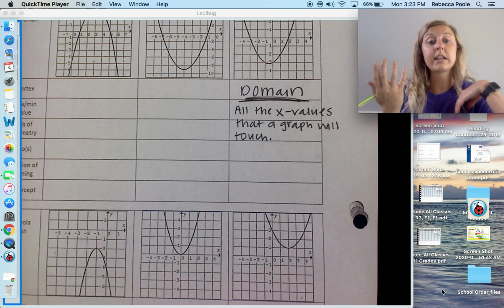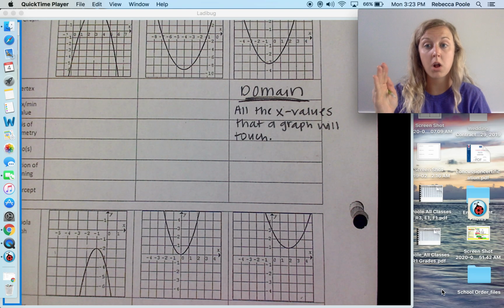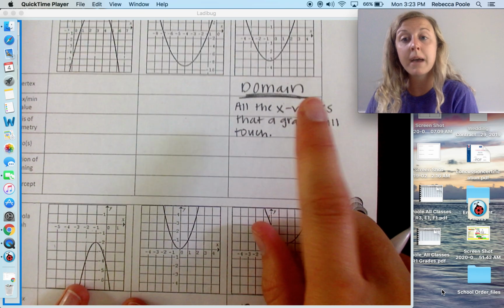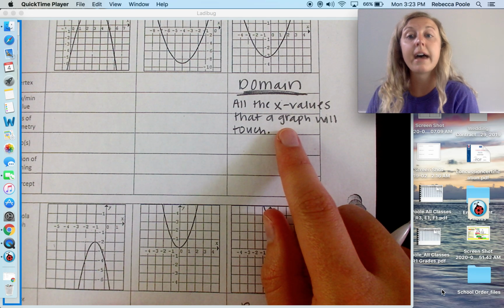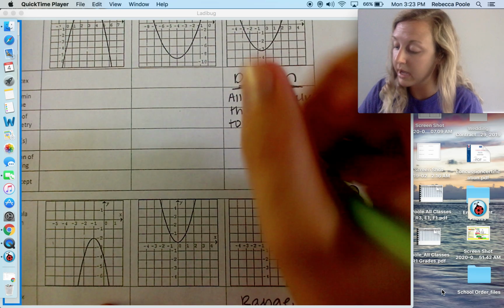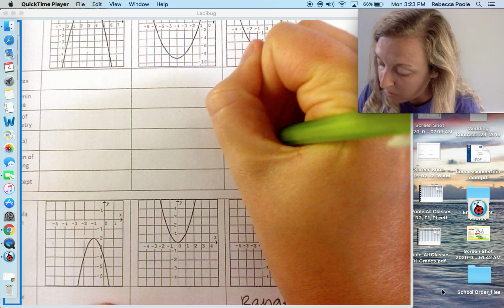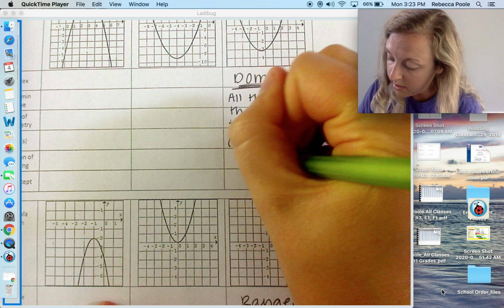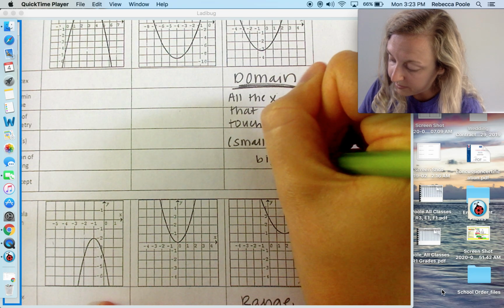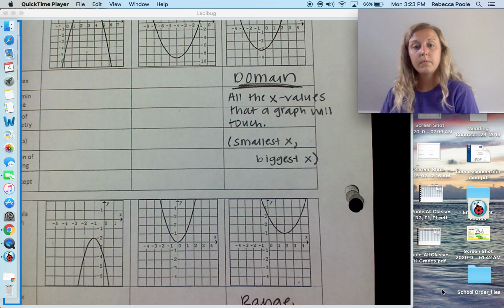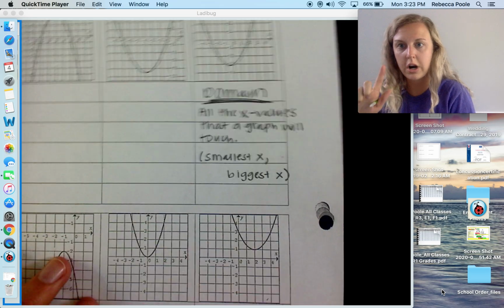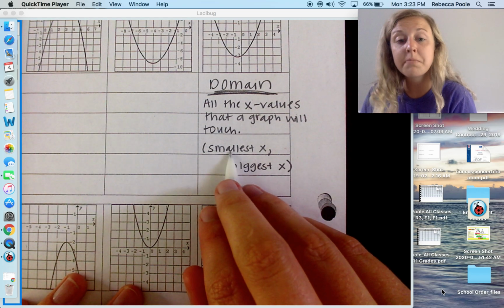To put it in standard form, it has to be the smallest to the biggest. So when I talk about the domain, I'm listing out the x values from smallest to biggest. So it's going to be smallest x, comma, biggest x. Okay? All right. The range, not yet. Sorry, oopsie, forgot something. Smallest x to biggest x.